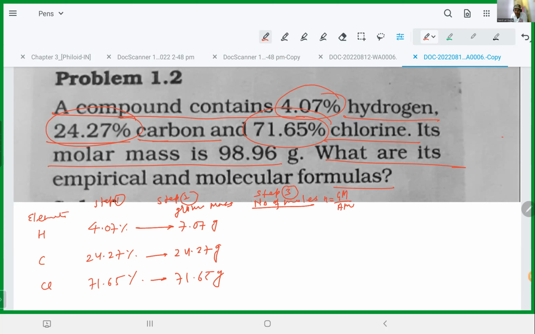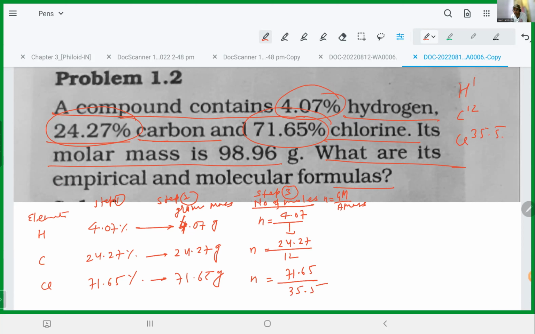Given mass for hydrogen is 4.07, so n is equal to 4.07 upon atomic mass of hydrogen, which is 1. For carbon, given mass is 24.27, and atomic mass of carbon is 12. Hydrogen mass is 1, carbon is 12, chlorine is 35.5. For chlorine, n is 71.65 upon 35.5.